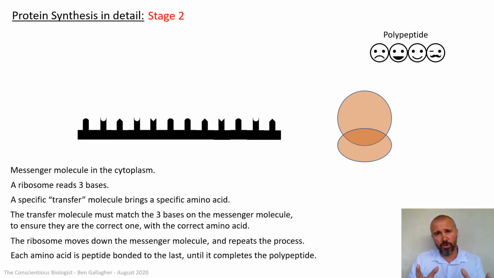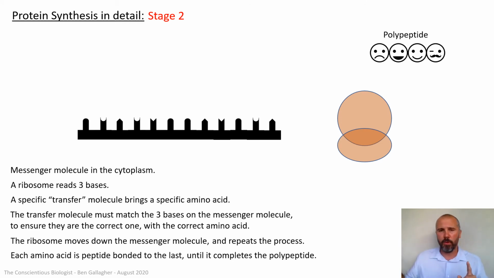Now, in reality, of course, your messenger molecule holding the DNA code would be way, way longer than just the 12 bases I've used here. It would be hundreds and hundreds of bases long, meaning your polypeptide would be much, much longer. Okay, if you had 300 bases of DNA, your polypeptide would be 100 amino acids long, because remember, it takes 3 bases per amino acid.